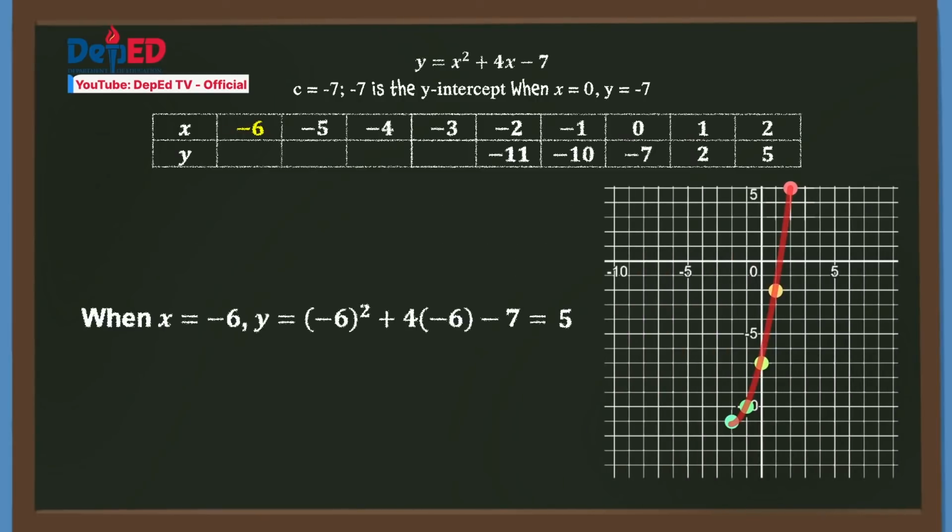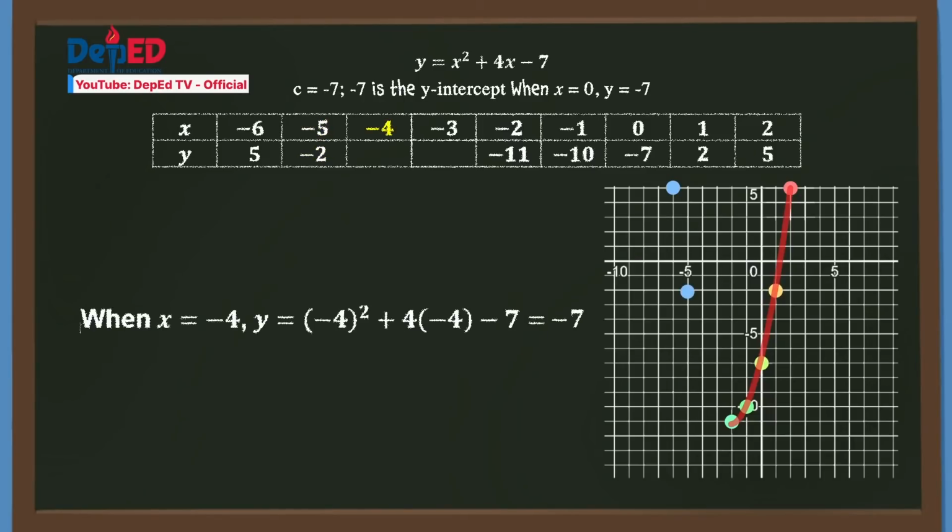When x is -6, y is equal to the square of -6 plus the product of 4 and -6 minus 7, the result is 5. And when x is -5, y is equal to the square of -5 plus the product of 4 and -5 minus 7, the result is -2.